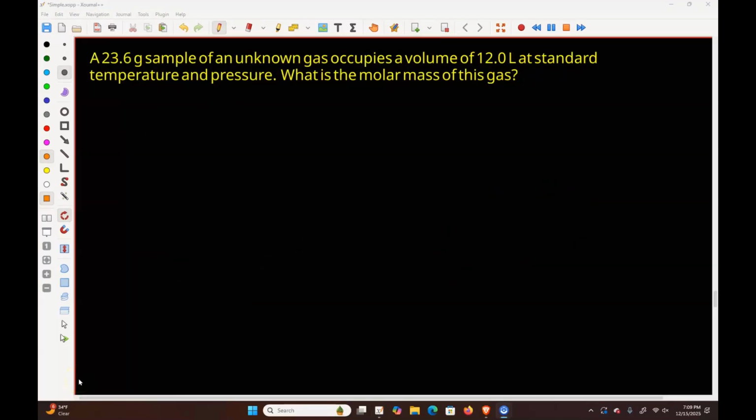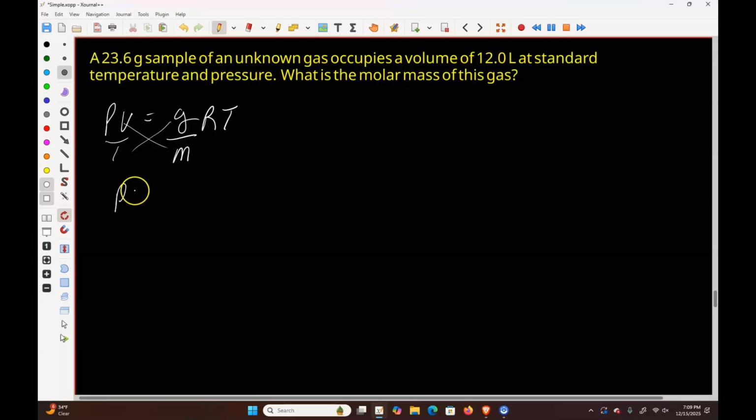A 23.6 gram sample of unknown gas occupies a volume of 12 liters at standard temperature and pressure. So what's the molar mass of the gas? So I'm going to be using PV equals g over M times RT, and I'm looking for M. So I'm going to cross multiply.